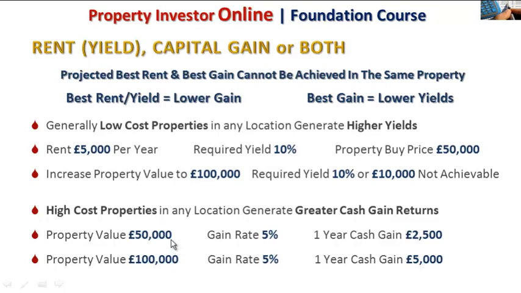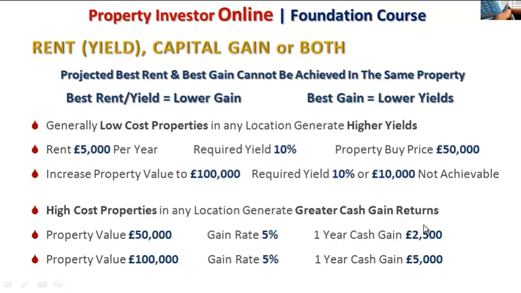If the £50,000 property is, let's say, a terraced house, and the £100,000 property is a semi-detached house, for example, there is a price difference between terraced houses and semi-detached houses. And whilst they might not necessarily increase at the same gain rate, the gain rates won't be that different. And therefore, high-cost properties generate higher cash gain returns.